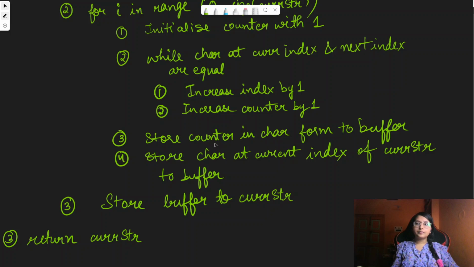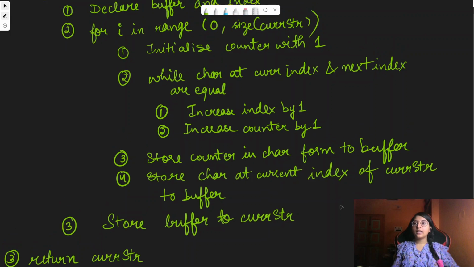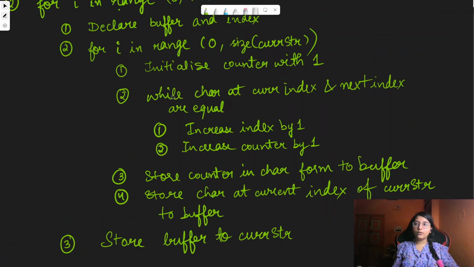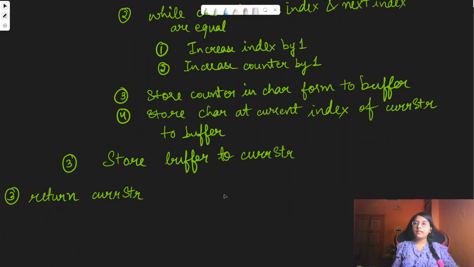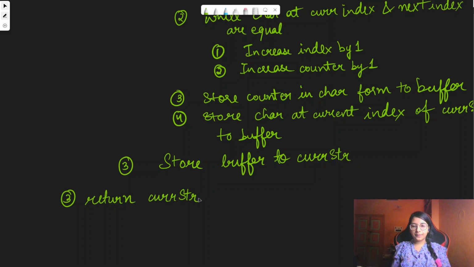And after that, we store the counter in the buffer, and store the char at the current index of the current string in the buffer. And then when we come out of this equality loop, we store our buffer to the current string, and at the end we return our current string.